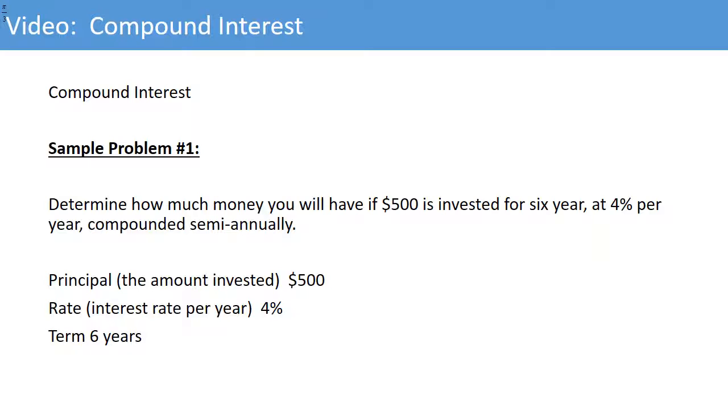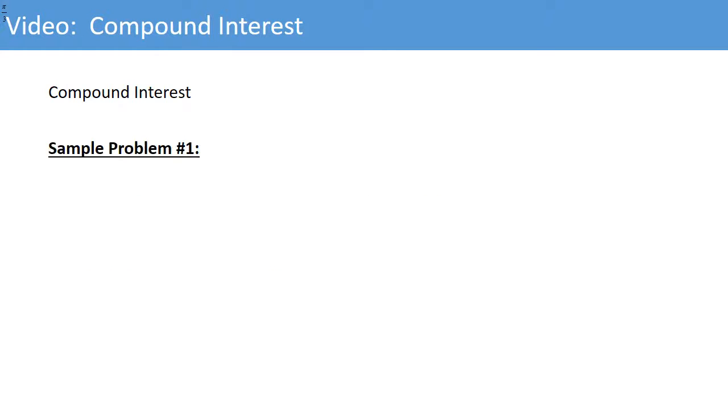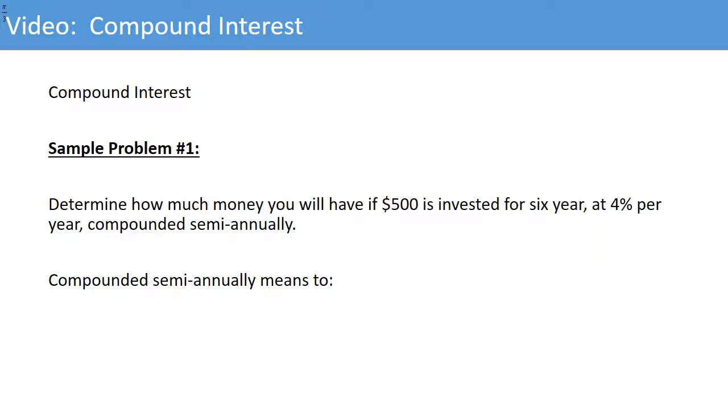The term is 6 years. That's how many years we're going to have this money invested. Now, compounded semi-annually means to divide the interest rate by 2 and to multiply the term by 2.